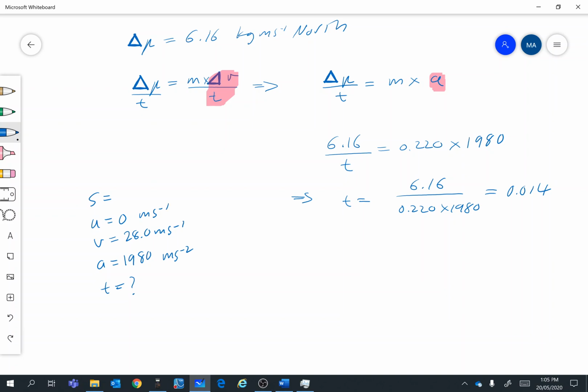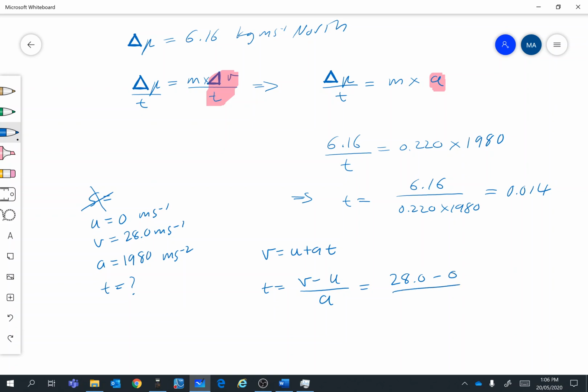We did calculate this s before, but I'm not going to worry about it here. I'm just going to use v equals u plus at. Most of you who did get this correct just went down this path, and I was happy for you to do it this way. I thought that the way I explained up here was just a bit much. If you could get the number by rearranging and getting v take u over a, I was more than happy to accept that.